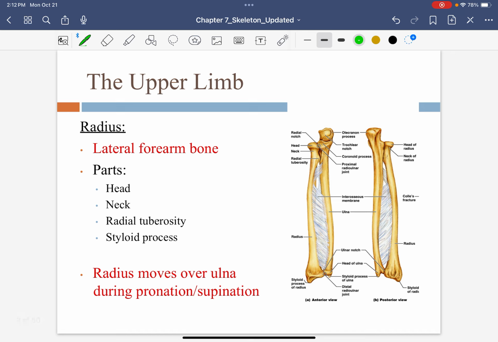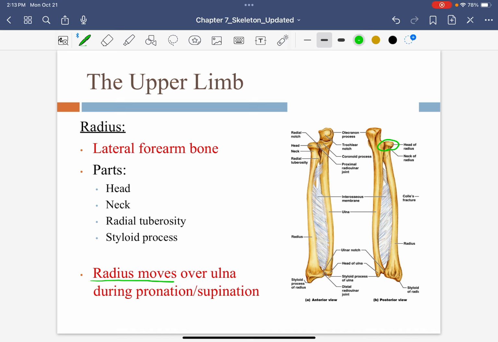The radius does not touch the humerus, look at this picture here. So the radius is not a part of the elbow joint. I do want to point out, however, for the radius, when we rotate our forearm, when you go from your palm up to palm down, that rotation of your forearm is called pronation and supination.